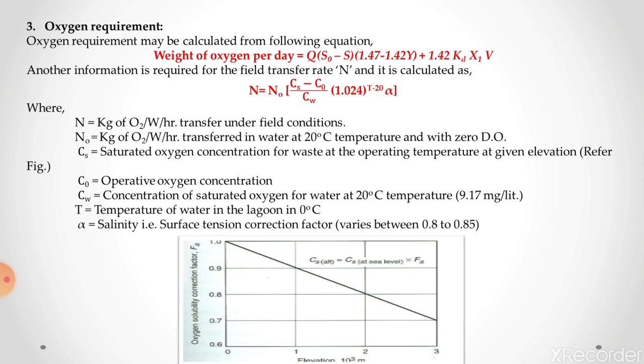Cw is the concentration of saturated oxygen for the water at 20 degrees centigrade temperature, which is 9.17 mg per liter. T is the temperature of water in the lagoon in degrees centigrade, and alpha is the salinity and surface tension correction factor, which varies between 0.8 to 0.85.